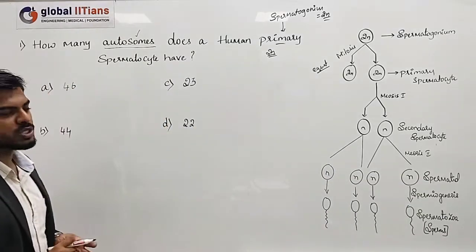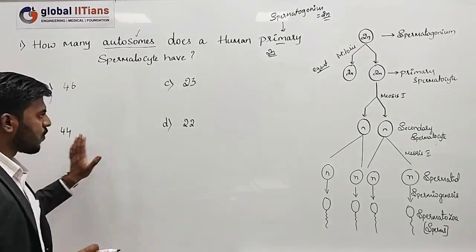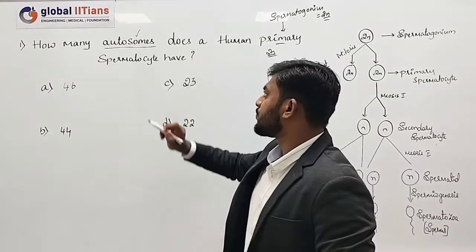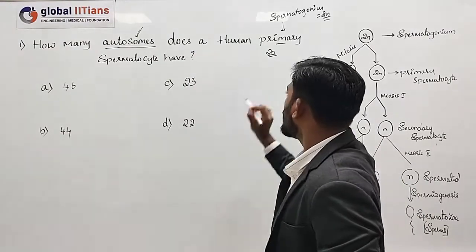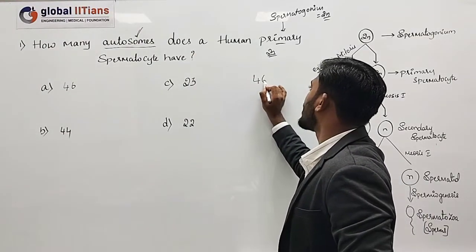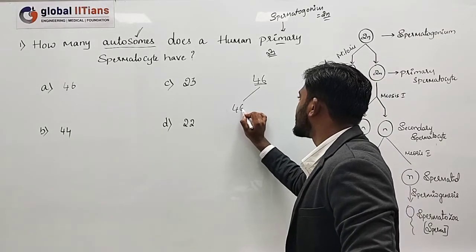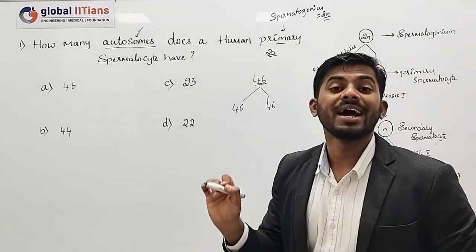Now look into the options here: 46, 23, 44, 22. So here we have to be very careful. They ask only autosomes. Now let us say the mother cell has 46 chromosomes. Definitely the daughter cells will also get 46 chromosomes when they are undergoing mitosis.